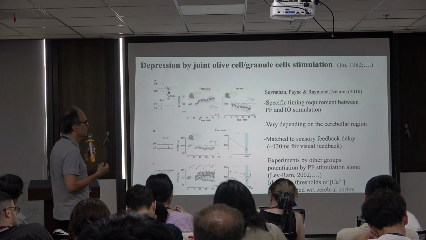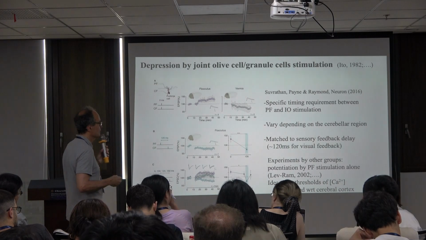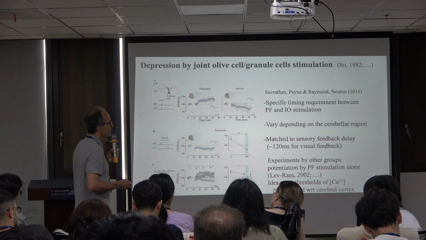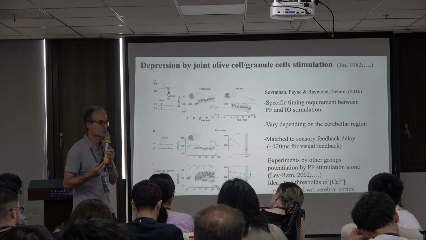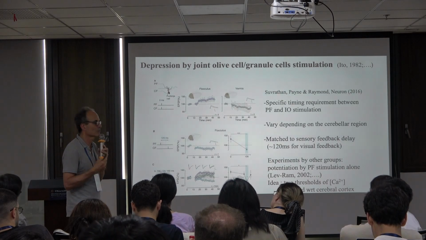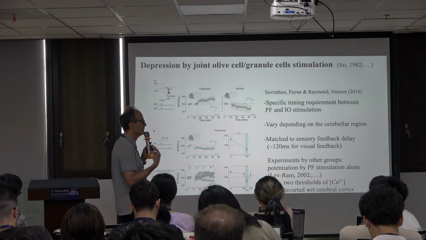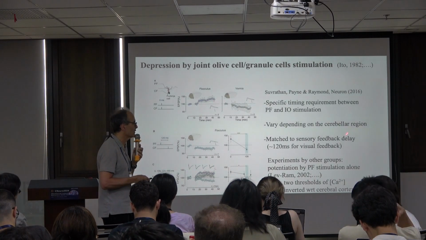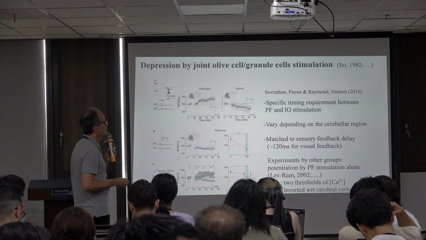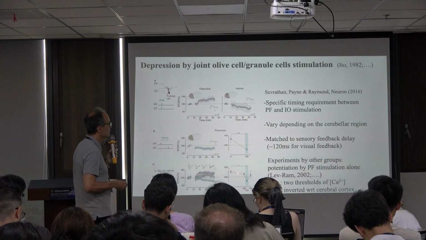So the depression is matched to the sensory delay. This delay is the one we could compute from visual feedback. Visual feedback is quite slow: when something appears in the visual field, it takes around 120 milliseconds for this information to reach the cerebellum.